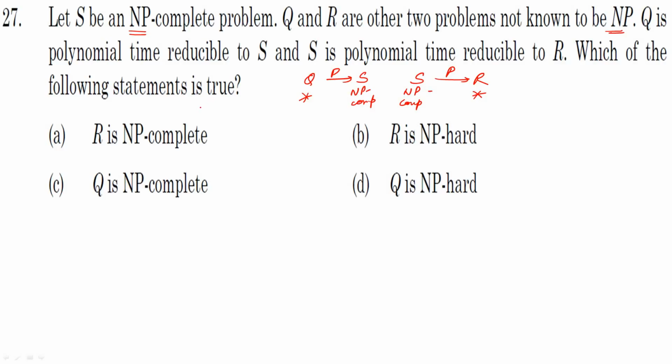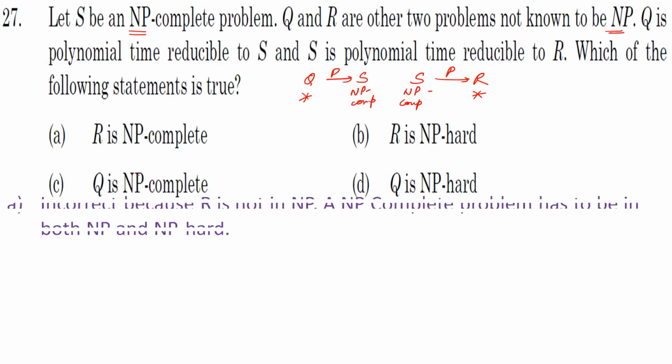Let's take the first statement, that R is NP complete. It is incorrect because R is not NP, as it is given that it is not NP. An NP complete problem has to be both NP and NP hard. If a problem is NP complete, it has to be NP and it has to be NP hard. So it is false. Second, R is NP hard.